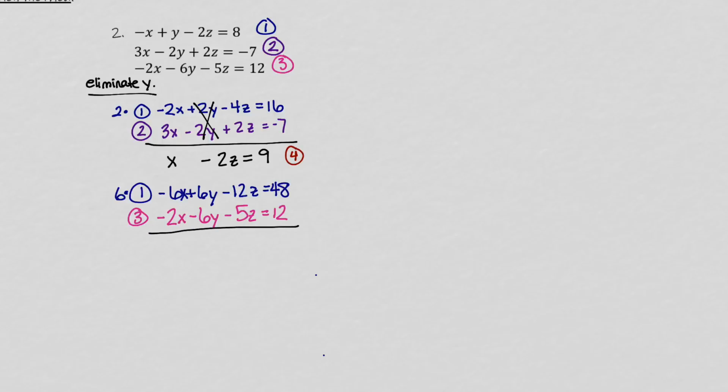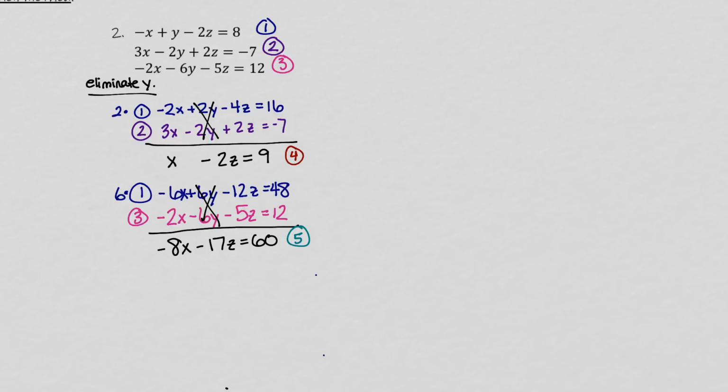If I add these up, the y's will eliminate, and that's what I said I was doing. Then I get negative 8x minus 17z equals 60. And that's going to be my equation number 5.